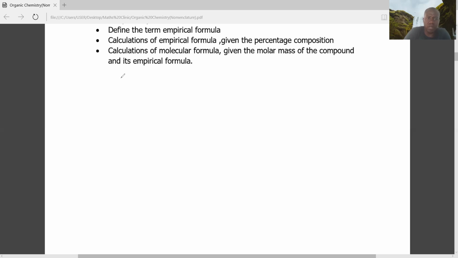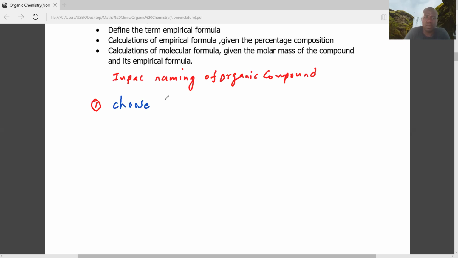IUPAC naming of organic compounds. Number one, when you are naming organic compounds, always you need to choose the longest chain.